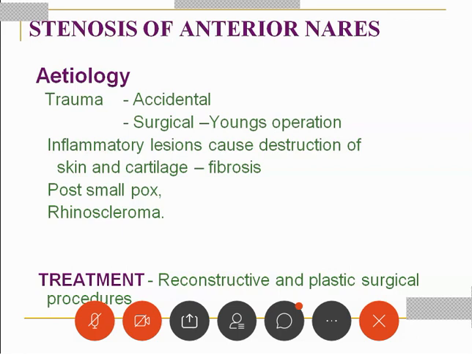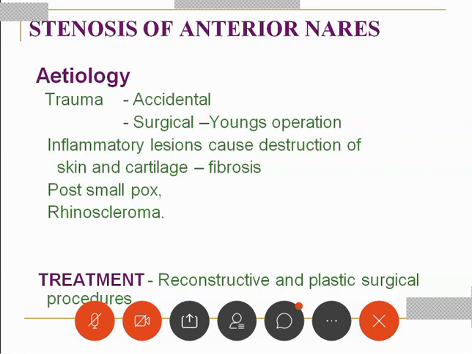Not only Young's operation, in some cases where we do a modified Denker's procedure for nasopharyngeal angiofibroma, where you do an endoscopic nasal removal of the angiofibroma, where we will remove the frontal process of the maxilla, where there is a collapse of the ala, you might injure some amount of the cartilaginous portion of the lower lateral cartilage of the nose, which might lead to stenosis of the anterior nares.